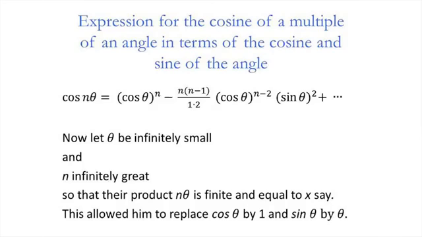When you do that, the cosine of theta can be replaced by 1, because theta is getting smaller and smaller, and for the same reason, the sine of theta can be replaced by theta. So you're going to get theta times n, another theta times n, which is the thing that we are calling x.